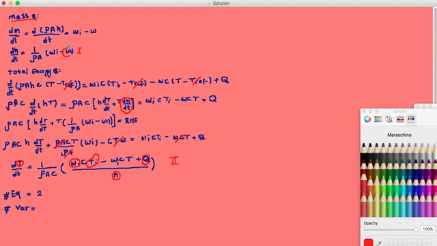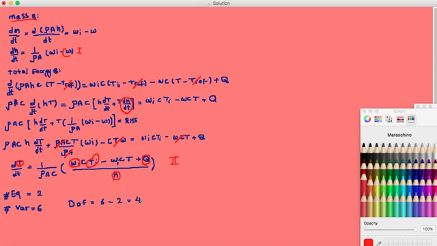If you count the number of variables, we'll have 1, 2, 3, 4, 5, 6. So the number of variables that we have is 6. Degree of freedom would be subtraction of number of variables minus number of equations, which is 4.